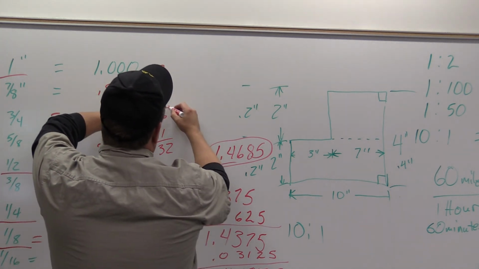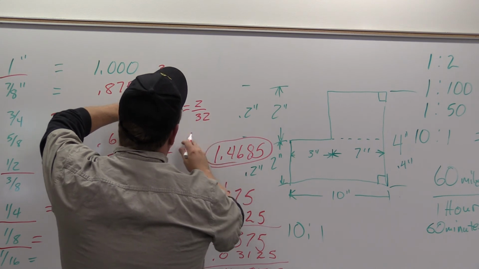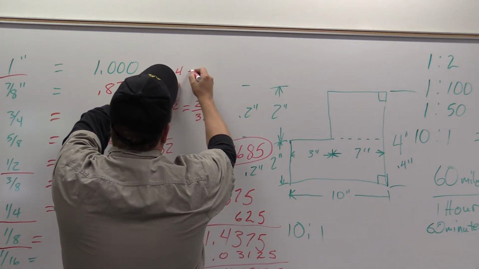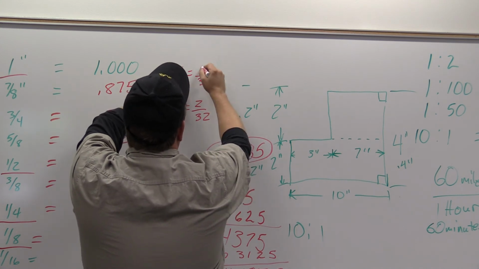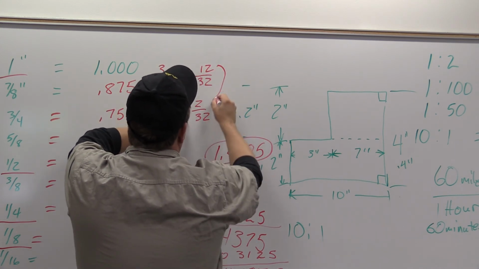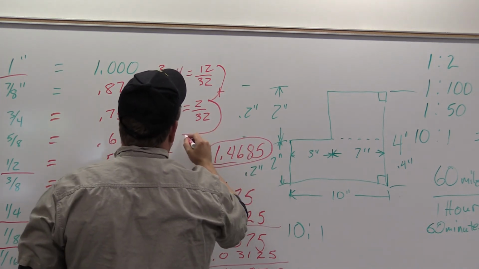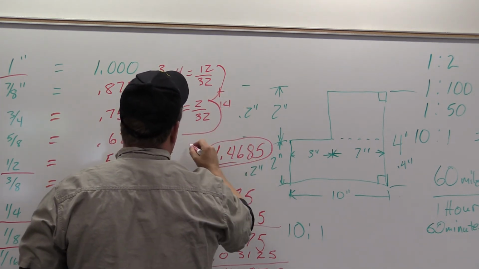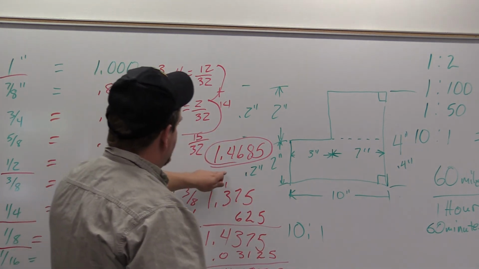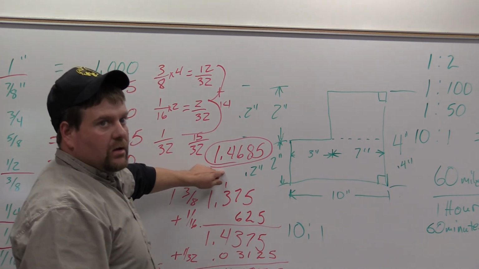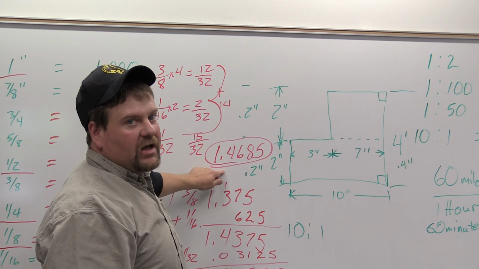To get to 32nds, we multiply 3/8 times 4, 12. So we have 12 plus 2 plus 1. 14, 15, 32nds. So the closest under this is 1 and 15/32.